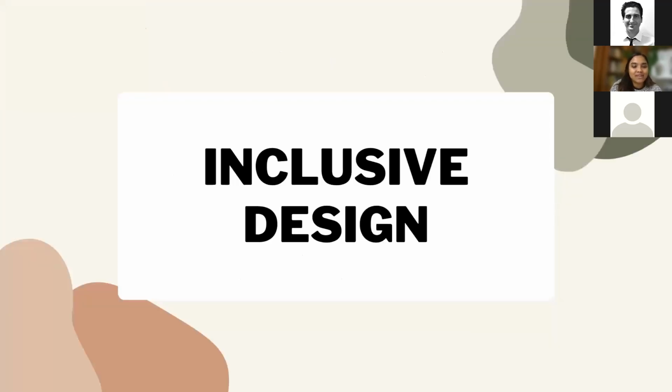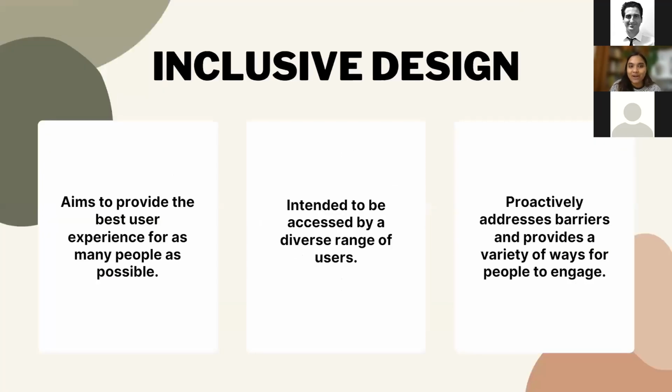Okay, so inclusive design: why is it important and why do we use it? Really, what inclusive design aims to do is provide the best user experience for as many people as possible. So the intention is to have content that can be accessed by a diverse range of users.